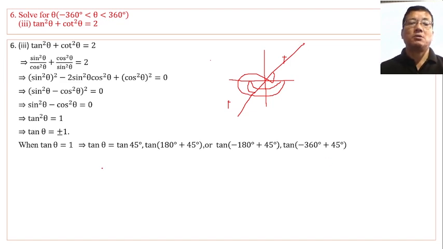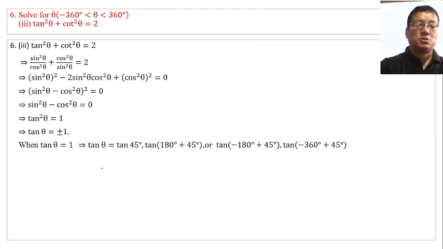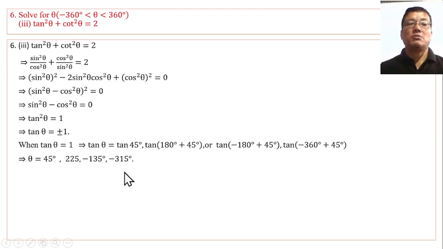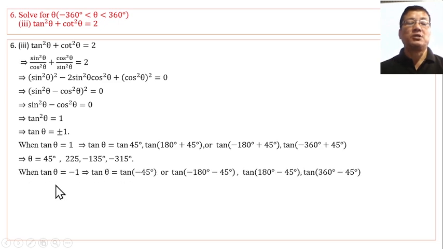Value, evaluate. When tan theta equal to -1, check the quadrant.